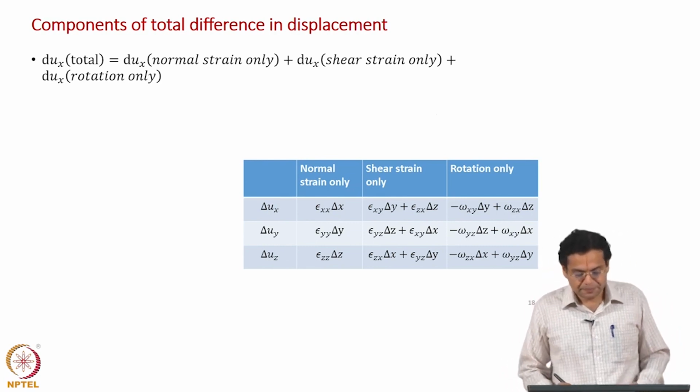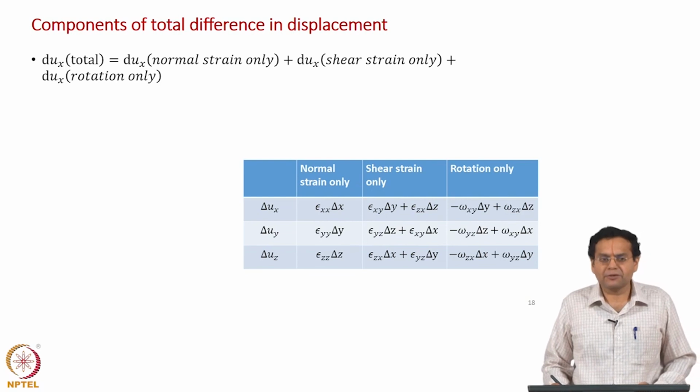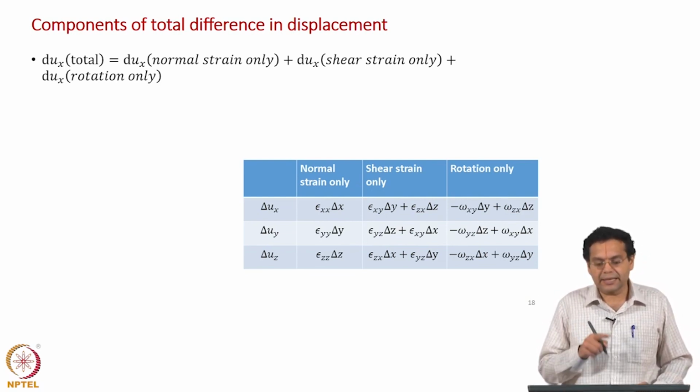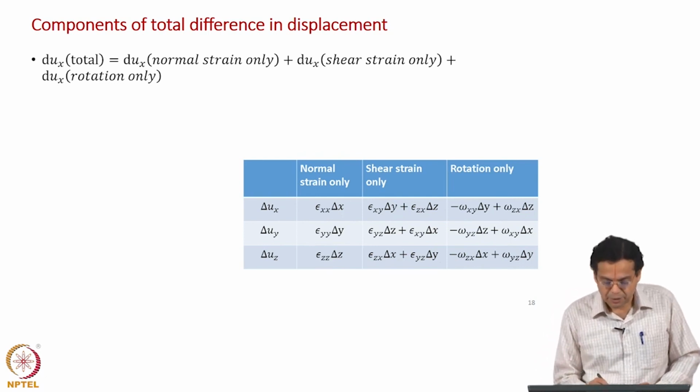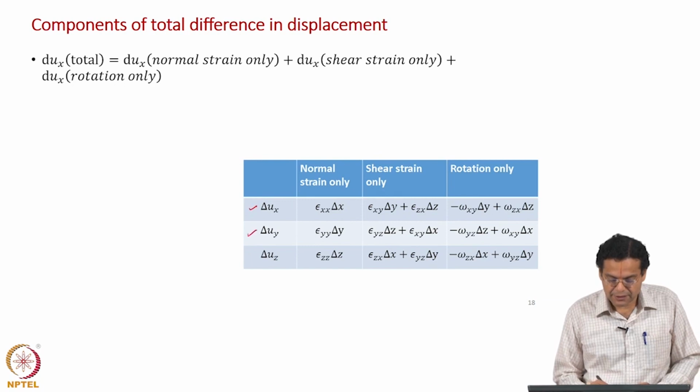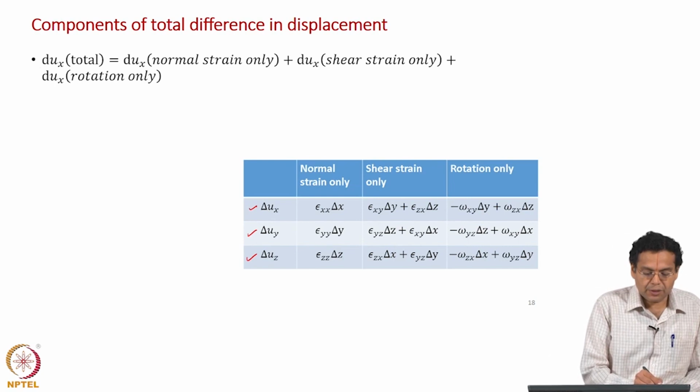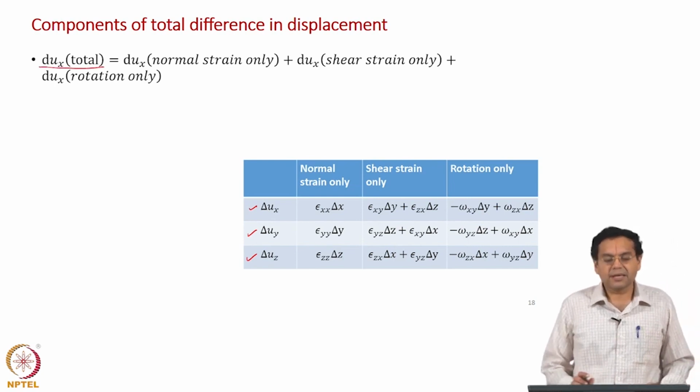So now what we do, okay, I come back to differential, because our displacement gradient expression was in terms of differential. Let us just come back to, though this table is in terms of difference, I am writing in terms of differentials. Okay. So look at the nomenclature very clearly written here.